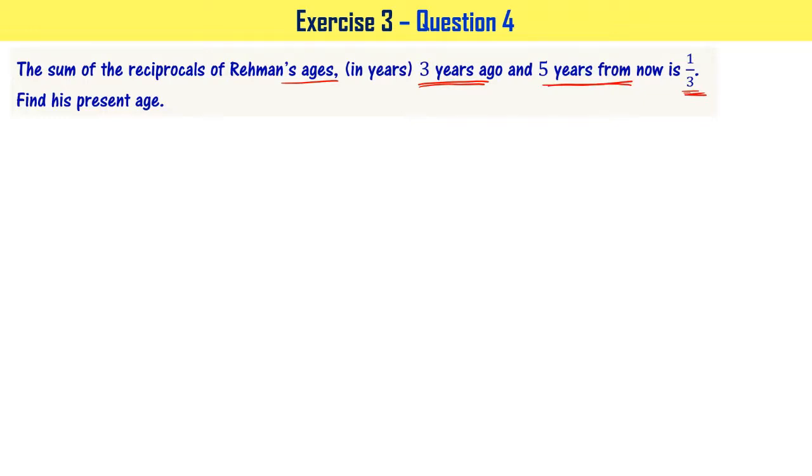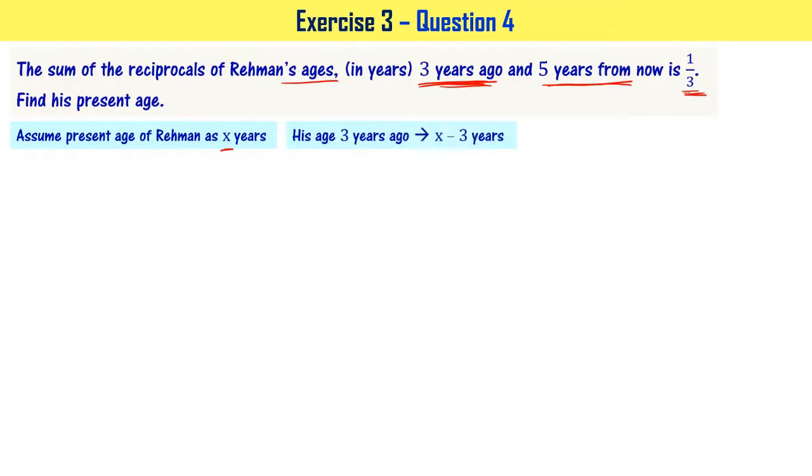So to answer this question, let me first assume that his present age is x years. If present age is x years, what is his age 3 years ago? That is going to be x minus 3 years, right? And what is his age after 5 years from now? That is going to be x plus 5 years.